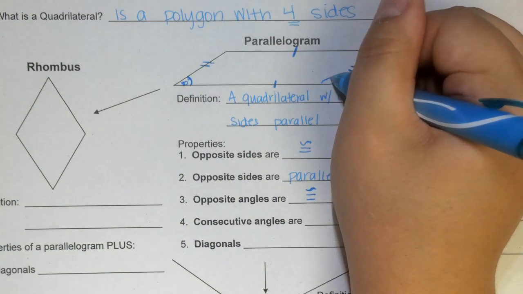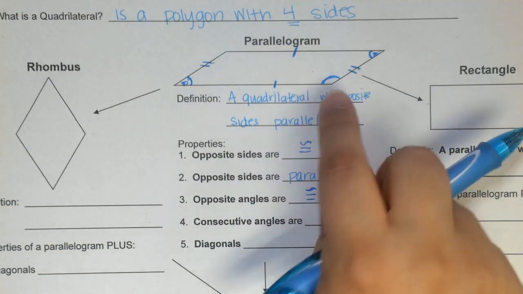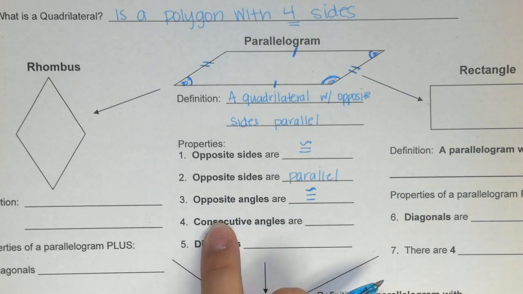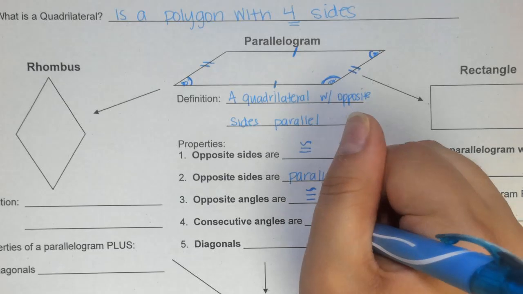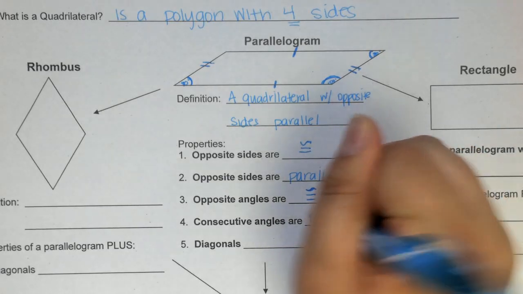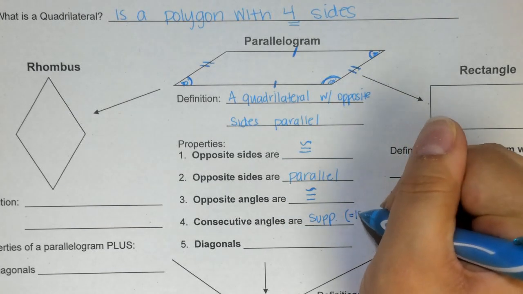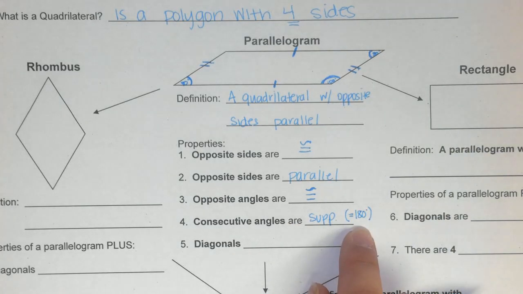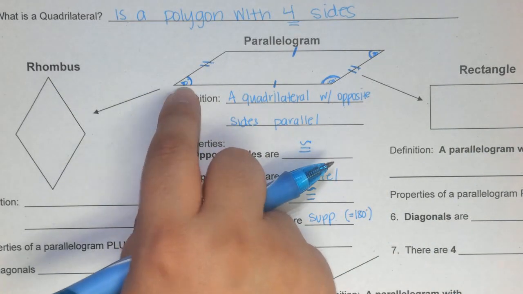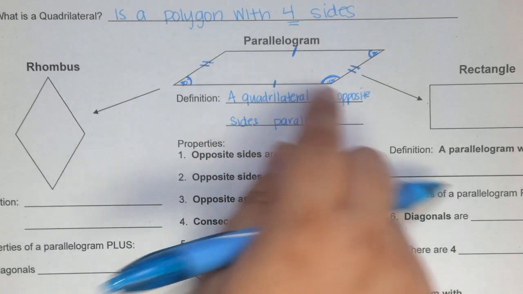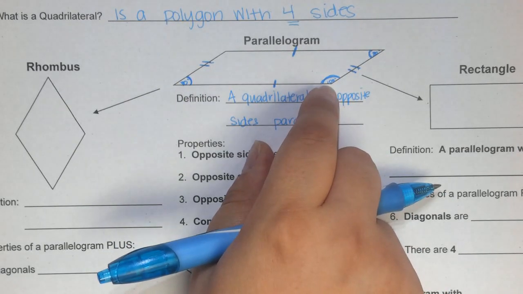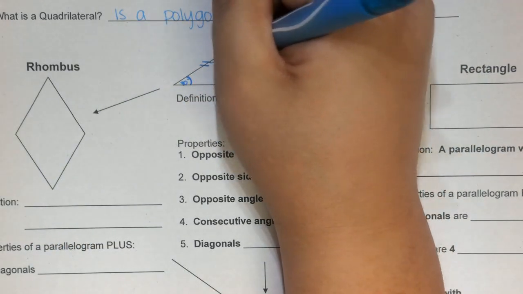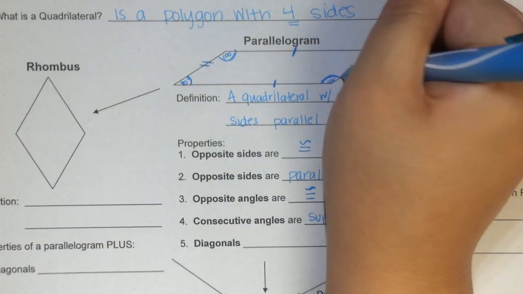And if that angle is 80, what does this angle have to be? 100. Why does it have to be 100? Because consecutive angles are supplementary. I'm just going to write sup, equals 180. Meaning if that's 80, what do both of these add up to? 180, so that has to be 100. If this is 100, what's across from it? 100 as well. Please write all this down.